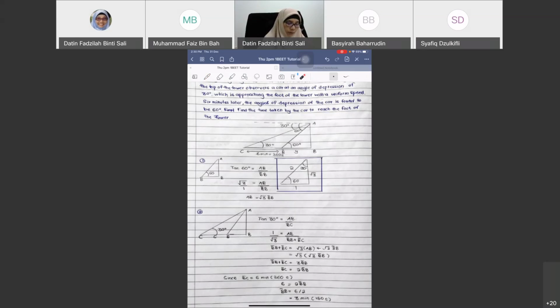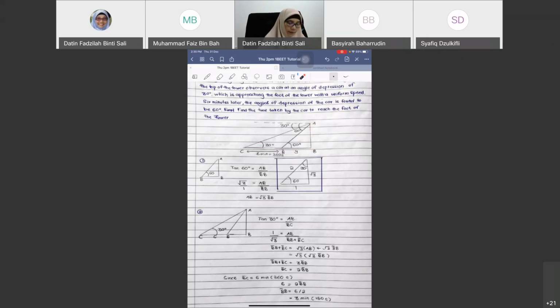Okay, so this is the tower. AB is a tower. A straight highway leads to the foot of the tower.